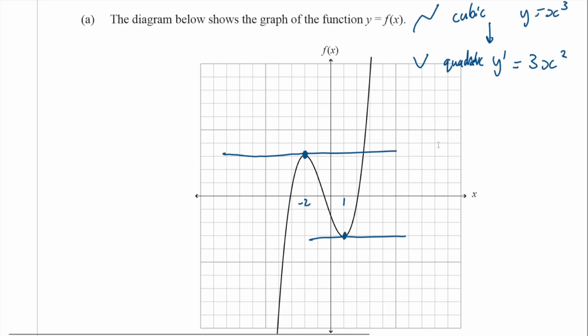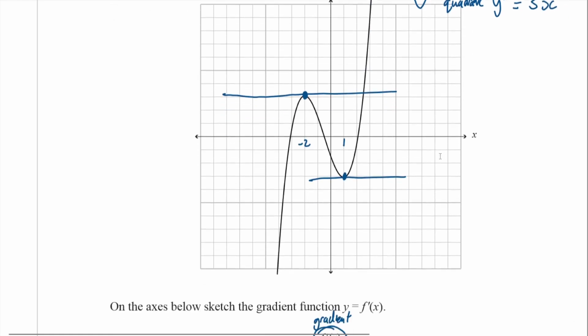So back to the graph. Focusing on this section here, the gradient there, see how it's going up and up and up? It is a positive gradient. Right, we call it increasing.